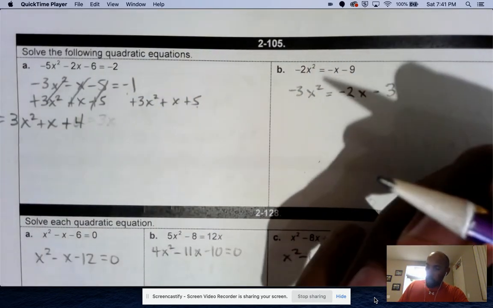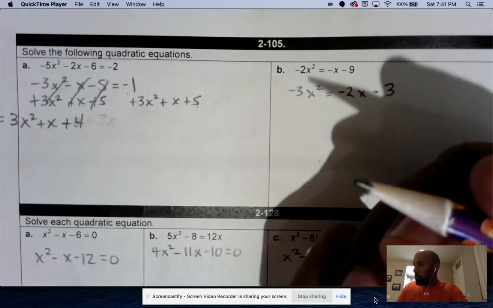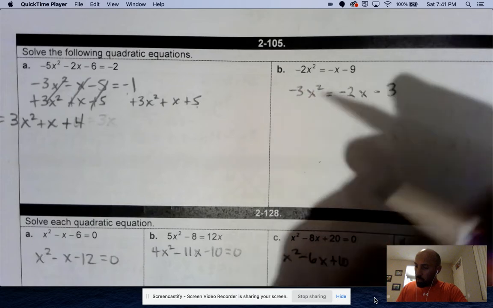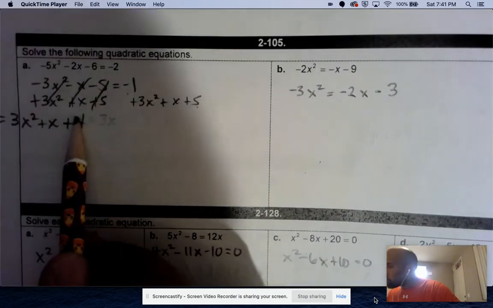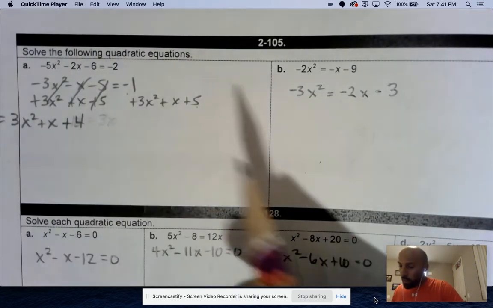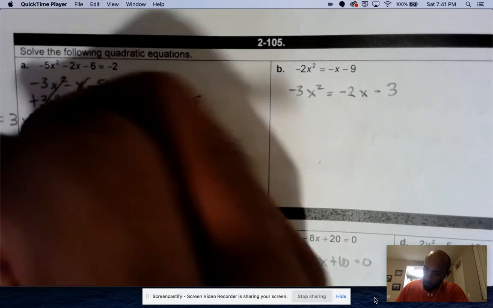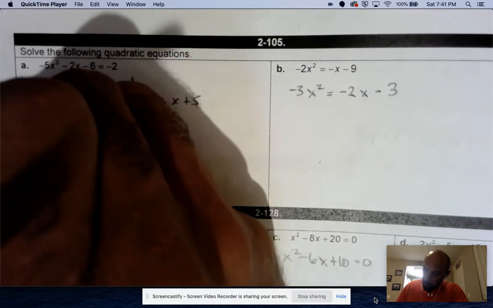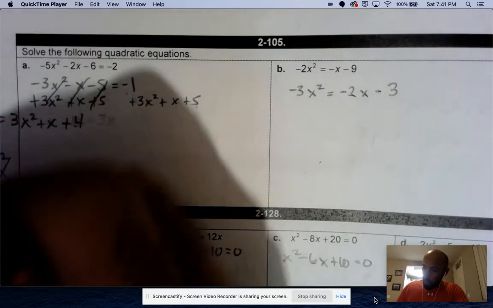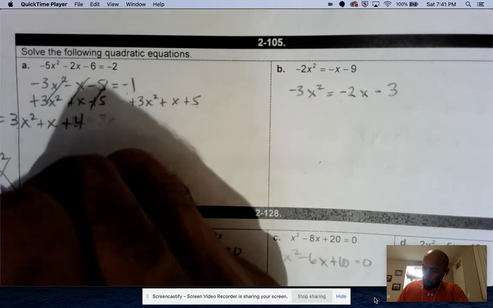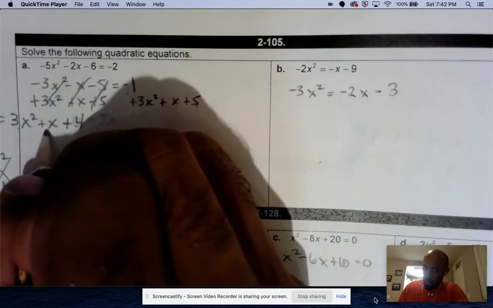Now I'm going to try the x. So 3 times 4 is on top, a times c, and then on the bottom goes 1, because that's your b value.